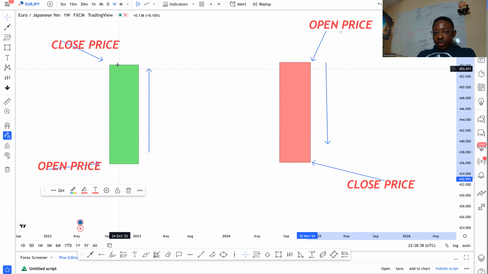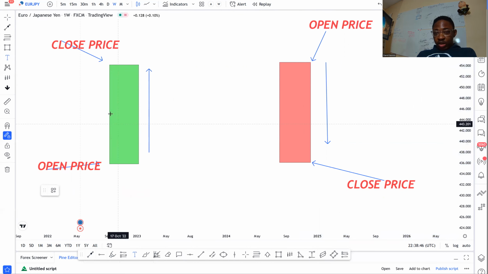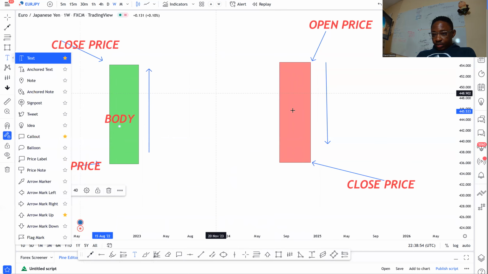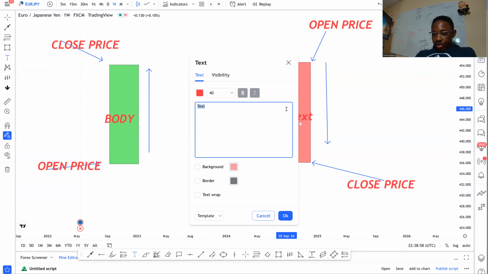The distance between the open and the close price is called the body of the candle. So every part of this green part is called the body. And here too, this will be the body.